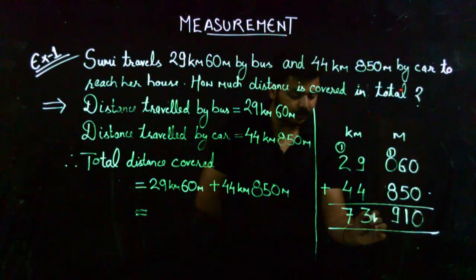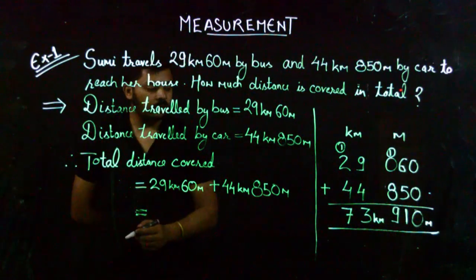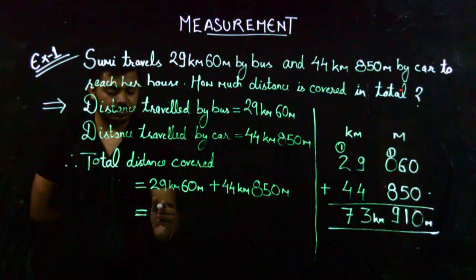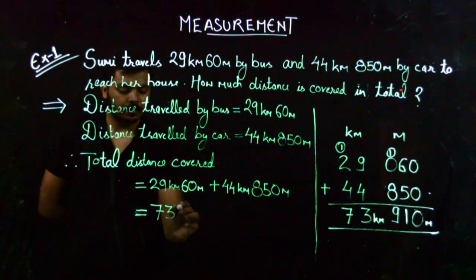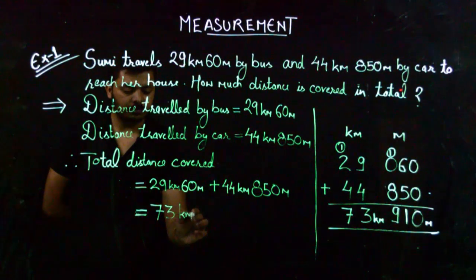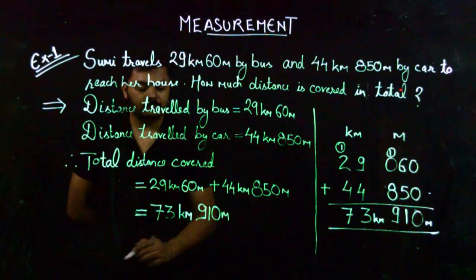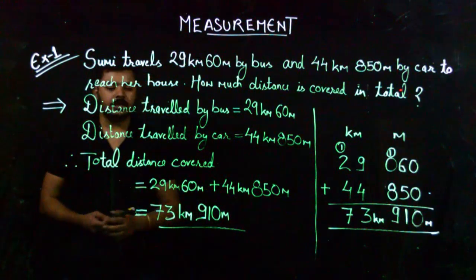So it is 73 kilometer and 910 meter. So the total distance traveled is 73 kilometer and 910 meter. So this is our answer, that is the total distance covered.